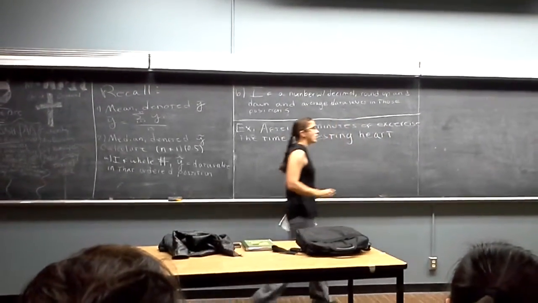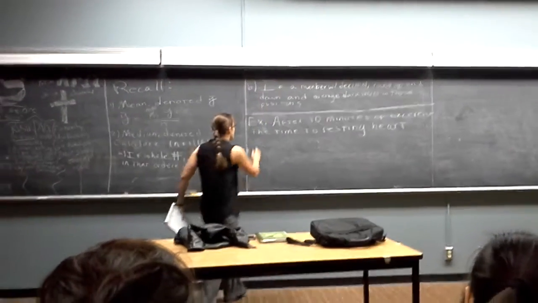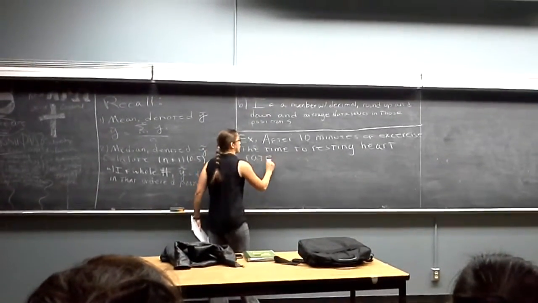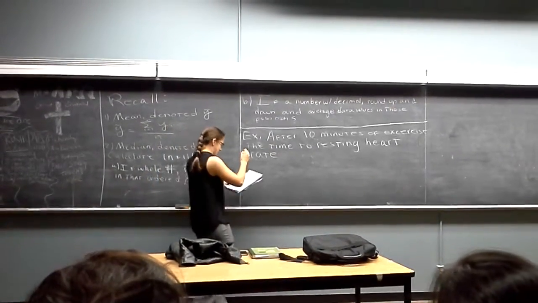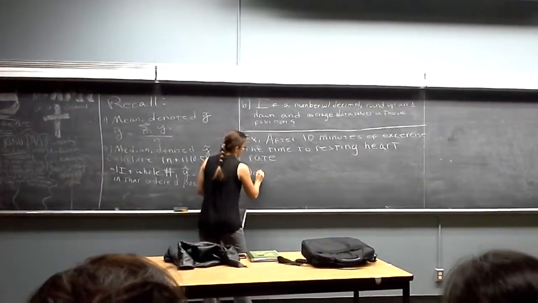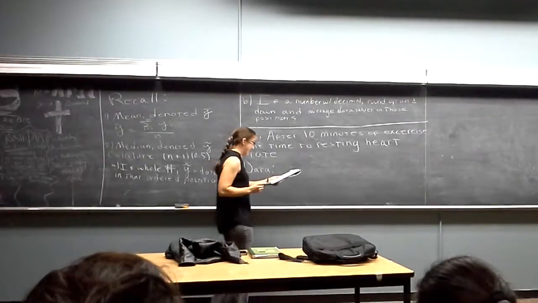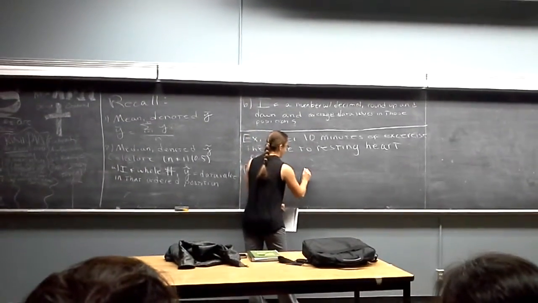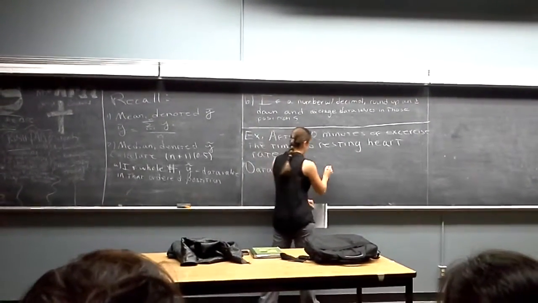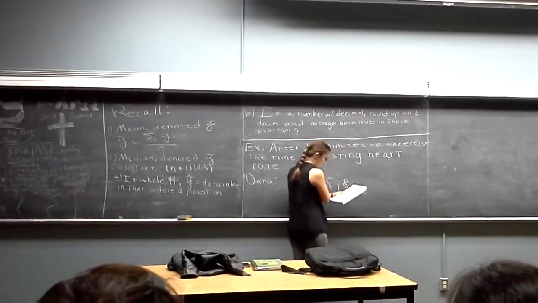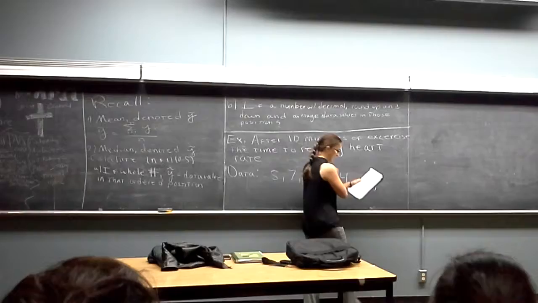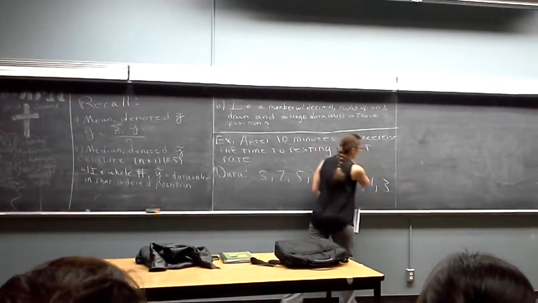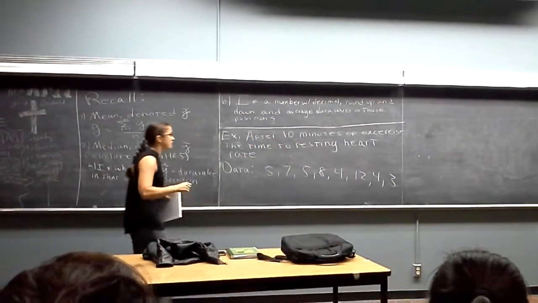Time to resting heart rate is a measure of how fit you are. The fitter you are, the faster you return to your normal heart rate after exercise. And the data collected was for 8 students: 5 minutes, 7 minutes, 5 minutes, 8 minutes, 4 minutes, 12 minutes, 4 minutes, 3 minutes. So we're going to calculate the mean and the median for this data set.